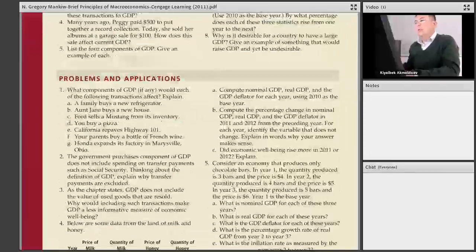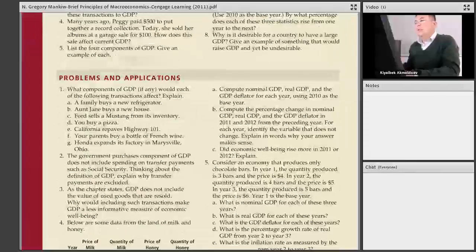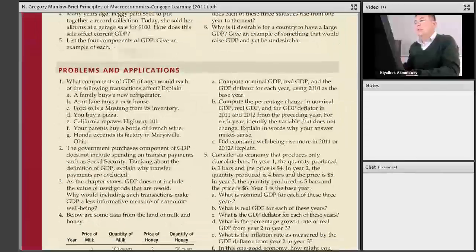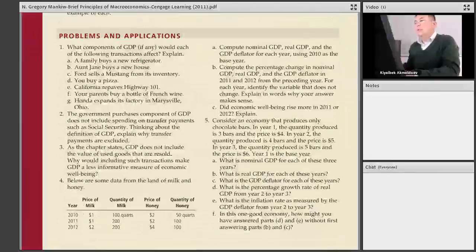Okay, and here we go. It asks what component of GDP each is. A family buys a new refrigerator: this is consumption. Aunt Jane buys a new house: it is investment.